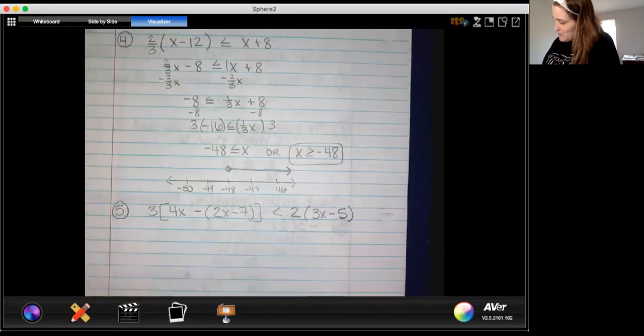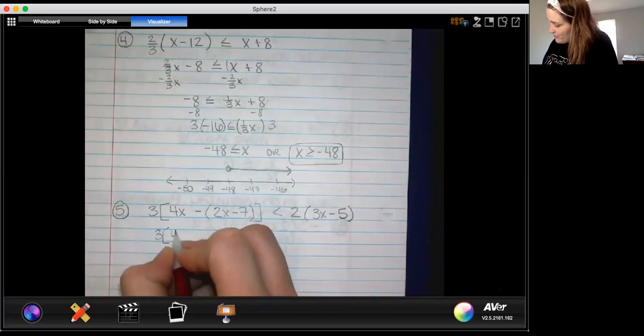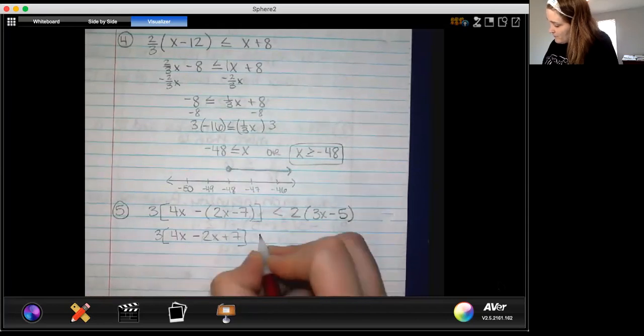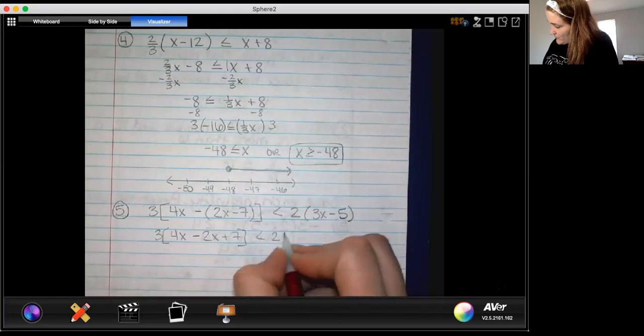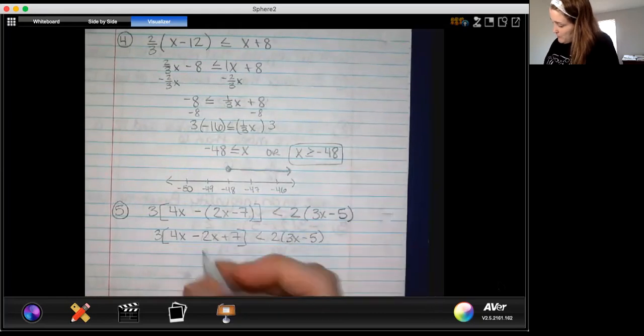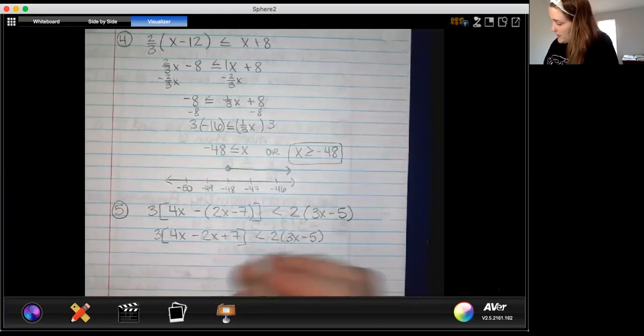So first we've got to distribute within our parentheses. We get negative 2x plus 7. Okay, and then I'm going to simplify on the left side, and I'm going to distribute on the right side at the same time.